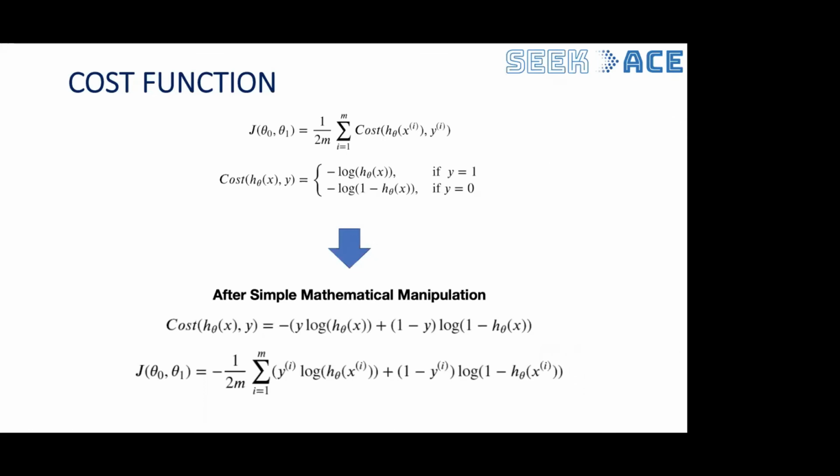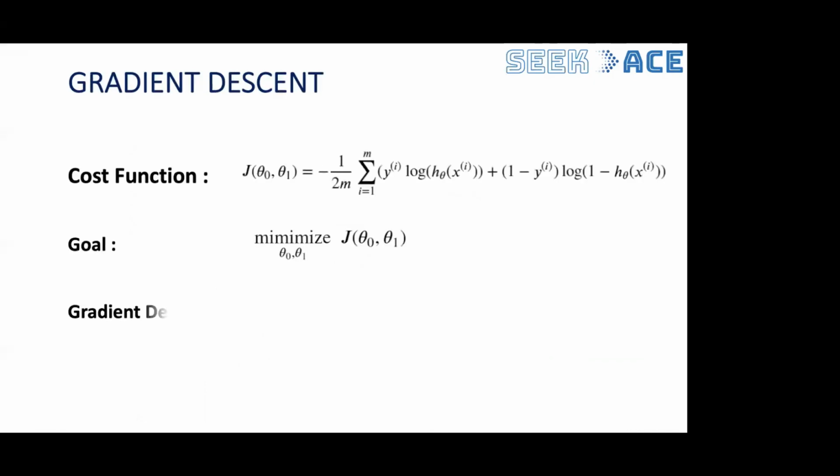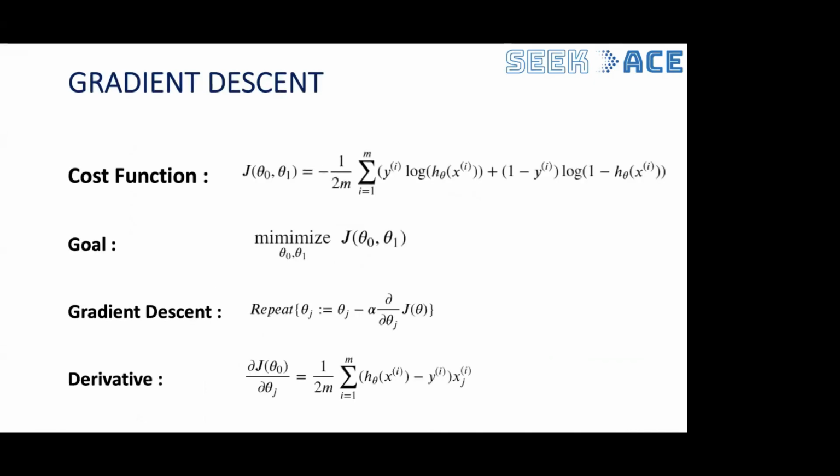So now we have our hypothesis, we have our cost function, and now we have to find the thetas. So now we have to optimize. How do we optimize? We know that our cost function is convex, so we'll start the process of minimizing, and we will use gradient descent, the same gradient descent we have used.